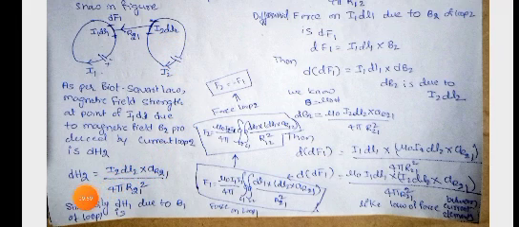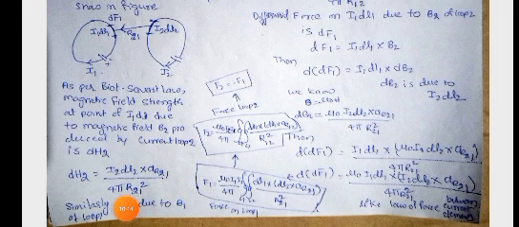That is given by dH2 is equal to I2 dL2 cross aR21 by 4 pi R21 square. Here R21 is the distance between the source point and the point at which we are finding the magnetic field strength dH2. This dH2 is due to the I2 dL2 current element in the second loop, and R21 is the distance from here to here.